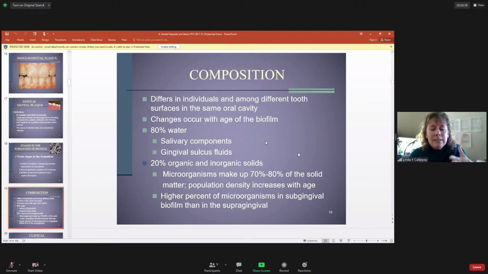And if that disease causing potential is even greater subgingivally, our goal is to help patients understand what a healthy sulcus is and how to maintain a healthy sulcus without the deeper pockets, because deeper pockets means more microorganisms that can cause disease.